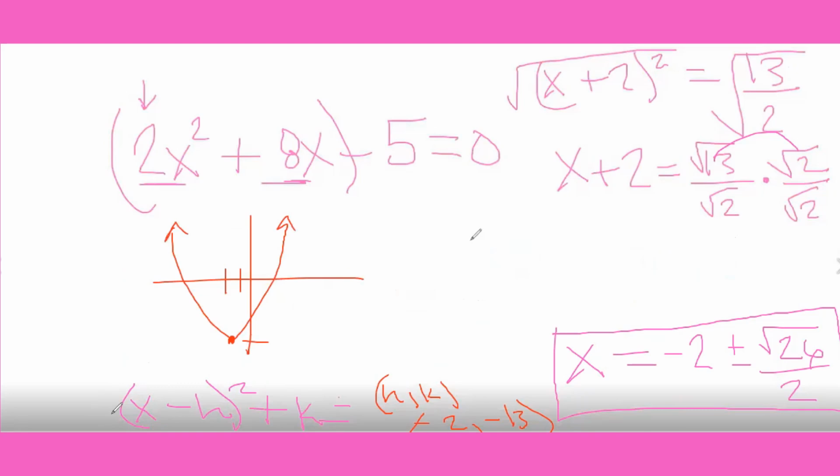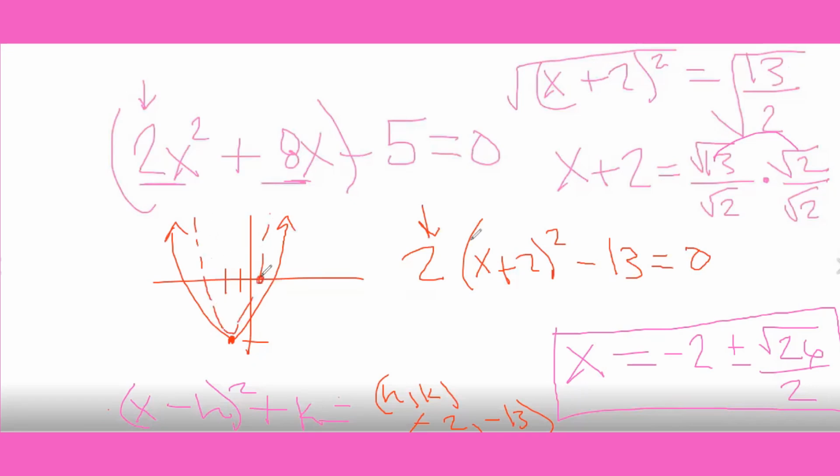And the 2 on the outside, so that was 2 times x plus 2 squared, and we had a minus 13 on the outside. So that means here with the 2 on the outside, it makes it a little bit skinnier of a parabola.